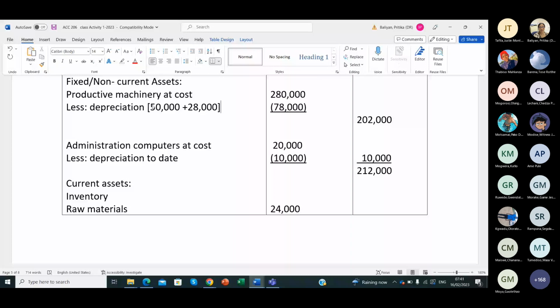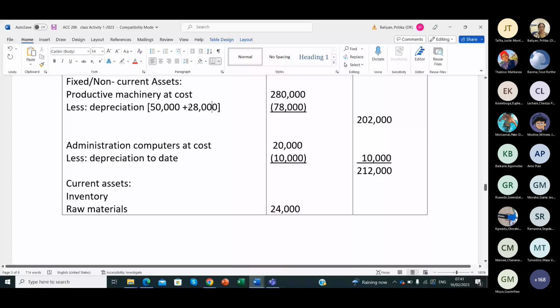We don't know when the business started, how many years they use, but in altogether in the previous years it has been depreciated by 50,000 and this year is also depreciated by 10% on the cost. So this year 10% of 280,000, which is make 28,000. Are we together?